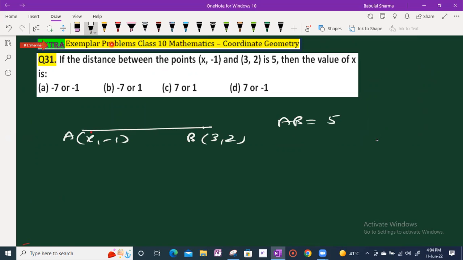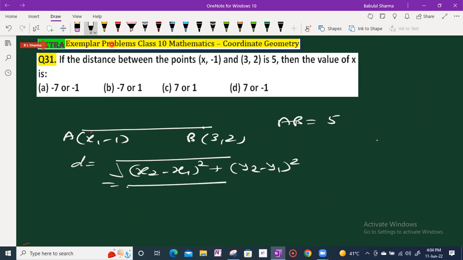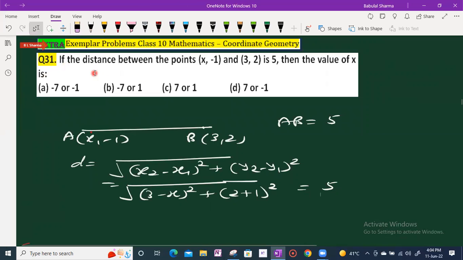So using distance formula, distance is given by square root of (x2 minus x1) whole square plus (y2 minus y1) whole square, that is square root of (3 minus x) whole square plus (2 plus 1) whole square, that is 5, because the distance is given 5 unit.